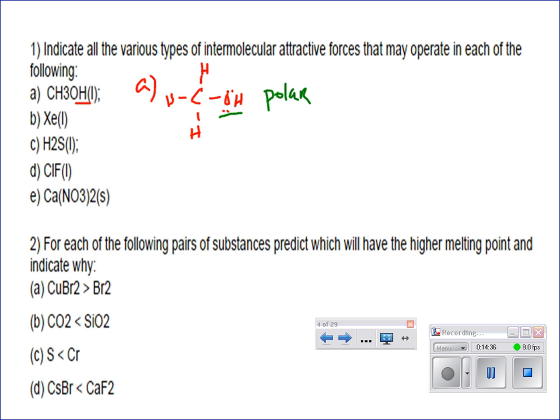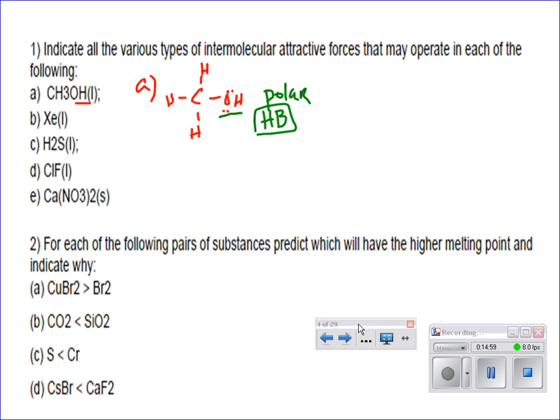Yes, because we have an NH attached to an N-NOF, is what I say, NOF, N, O or F. So this would be, I'm going to do HB for hydrogen bonding, DD for dipole-dipole, and LD for London dispersion. Now, there is some London dispersion in there, but it's not the primary one, so I'm not going to require that you report that.